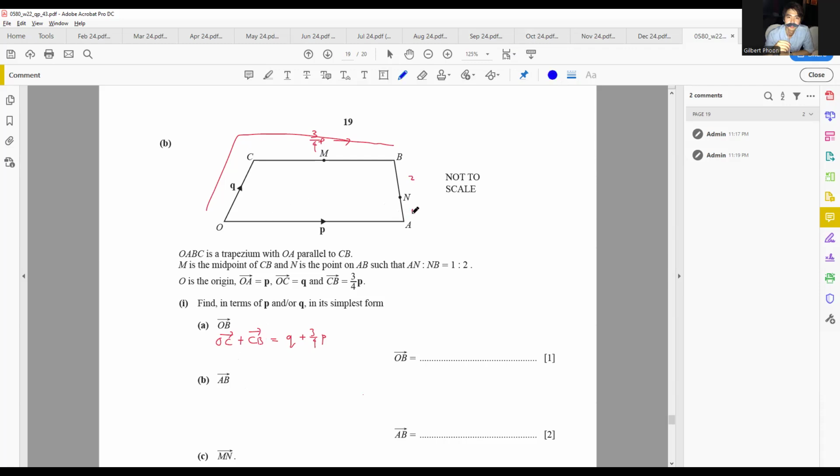To get from A to B, there is no direct path here, so you have to take the long way like this. Therefore, AB is AO plus OC plus CB, which is basically what you already had earlier. AO is negative P, plus OC plus CB, which is Q plus 3 over 4P.